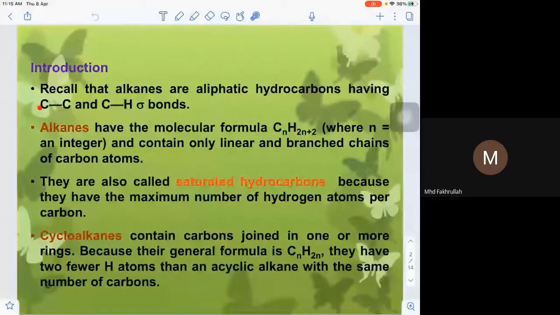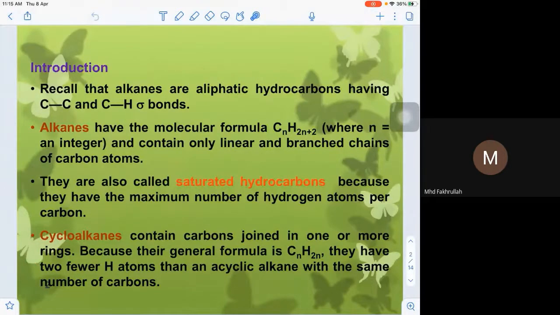hydrocarbons. Why are they saturated hydrocarbons? Because we said that we only have C single C and C single H in the structure of the alkane. Under alkane, we also have cycloalkane, which is actually carbons that are joined in one or more rings.